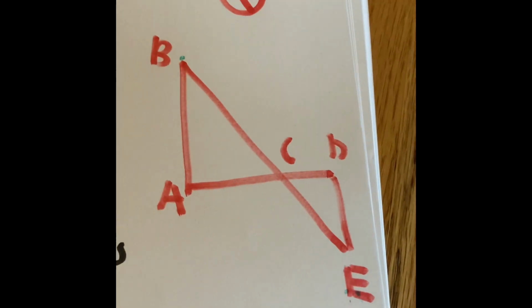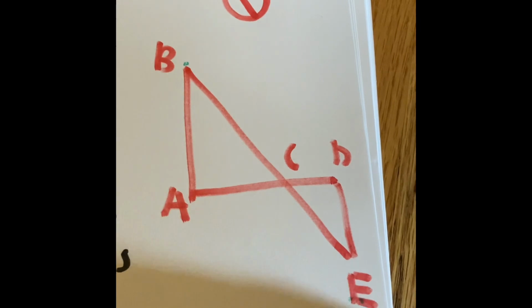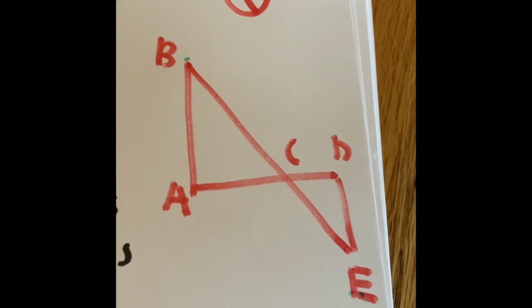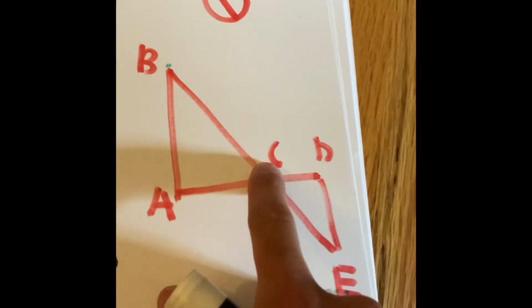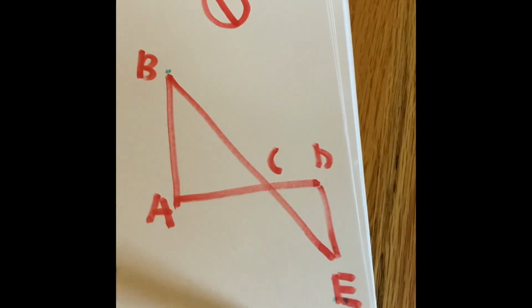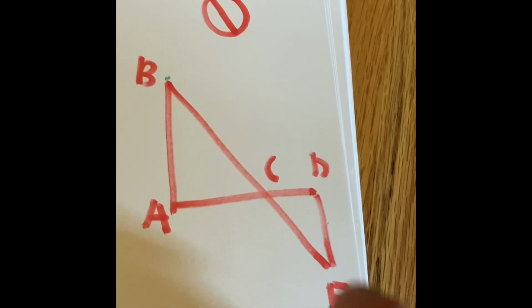If the problem says that BC is bigger than DE, then you can use that. But in the picture, it only looks like BC is longer than DE. You can't assume that, because DE might be bigger than BC.